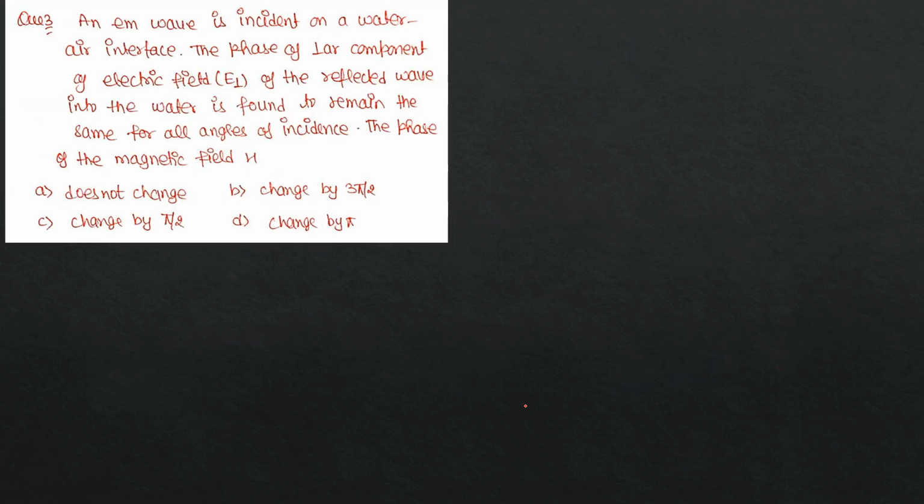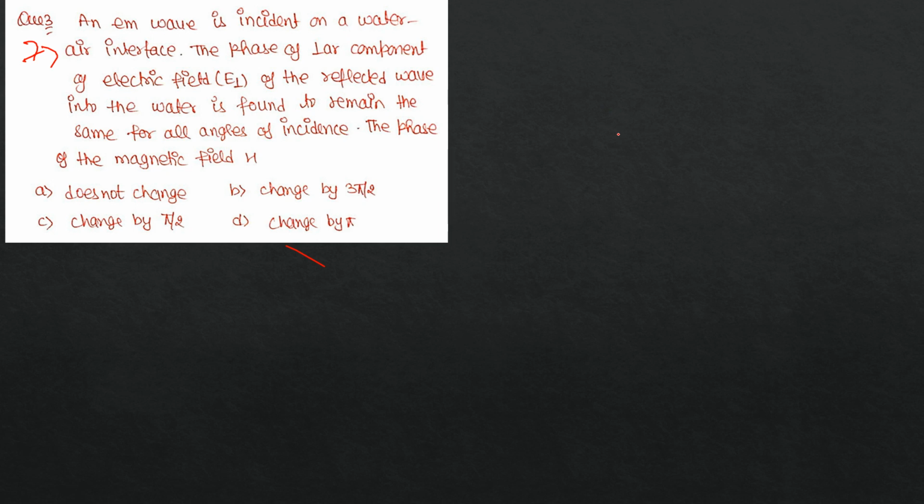The next question, I think question number 7. An EM wave is incident on a water-air interface. The phase of the perpendicular component of the electric field of the reflected wave into the water is found to remain the same for all angles of incidence.